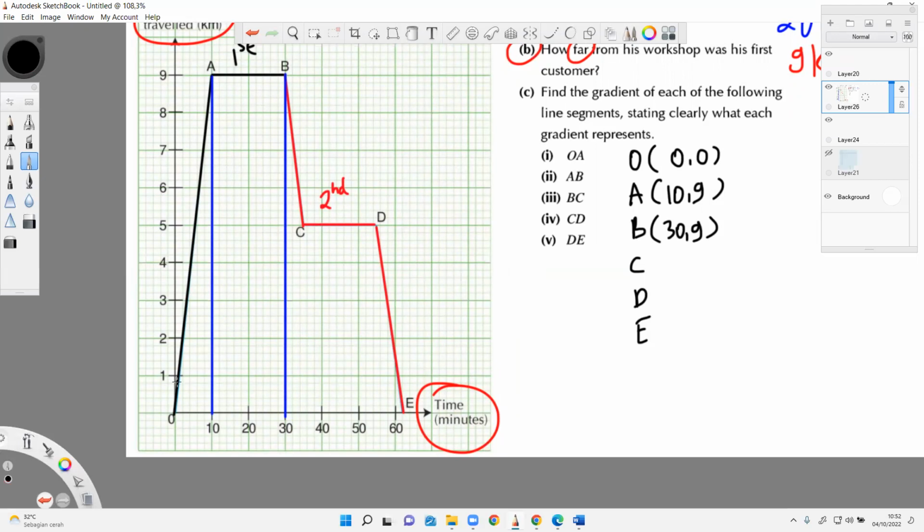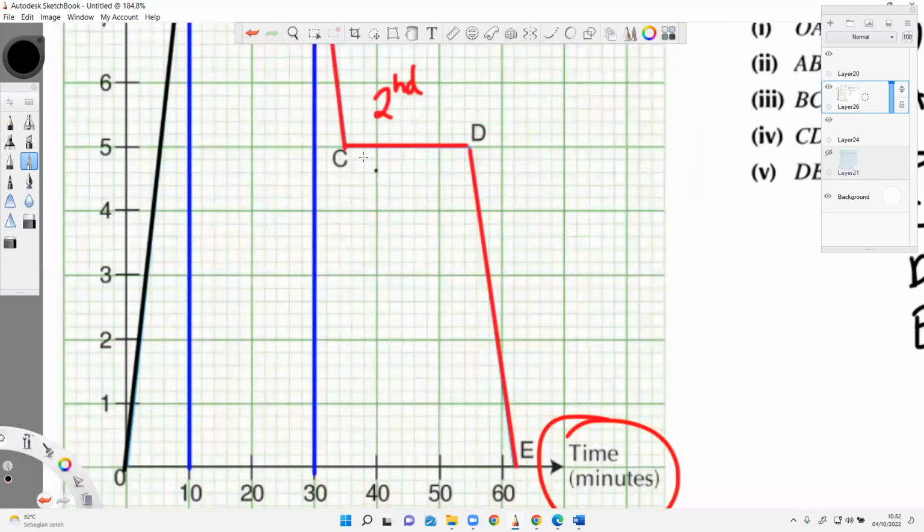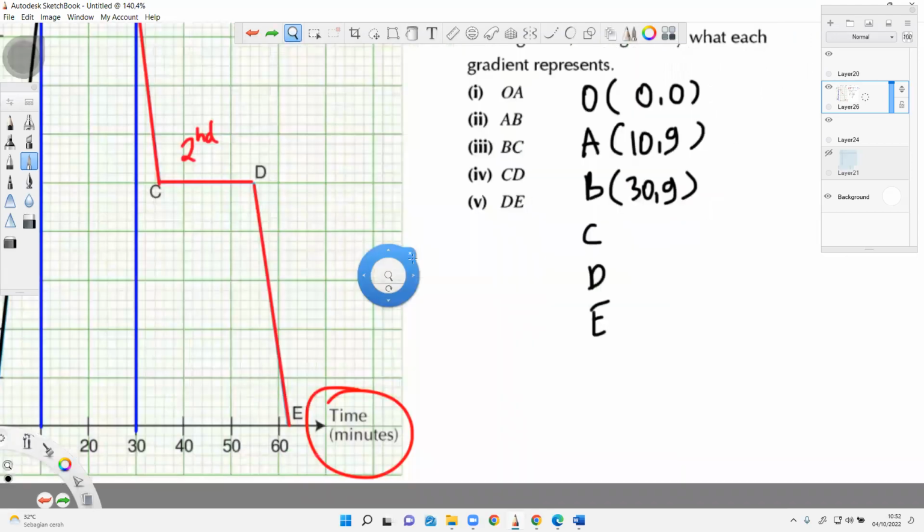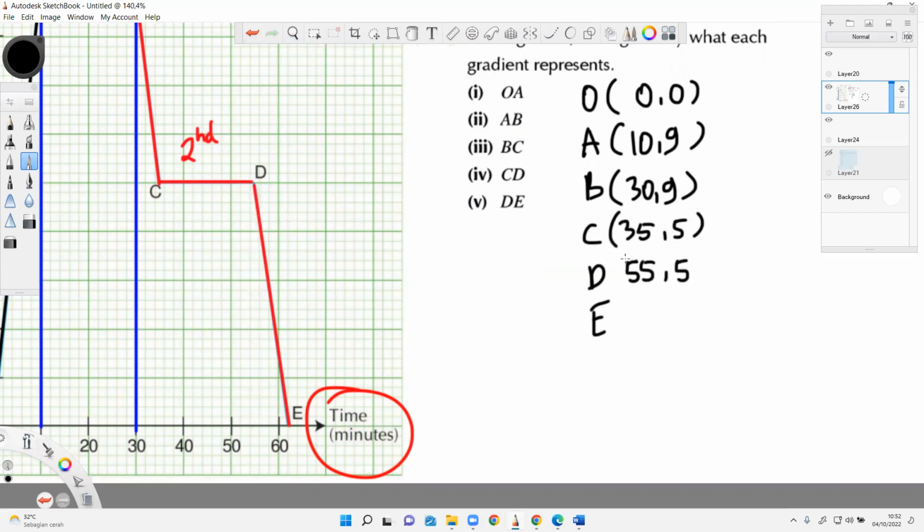C? There you go, that's right in the middle. 35, 5. Okay, nice. 35 and 5. Write it down. D? 55, 5 also.